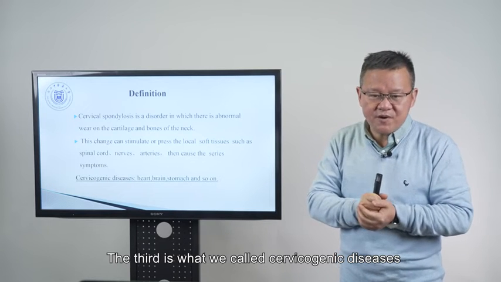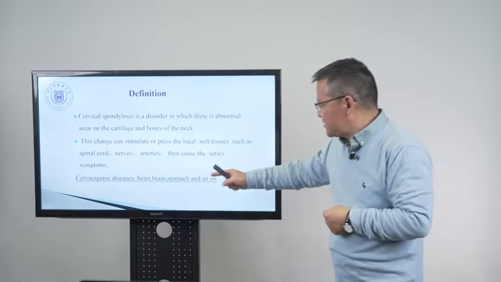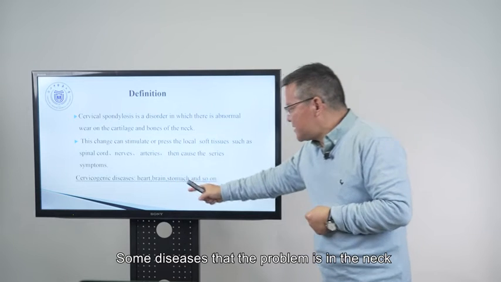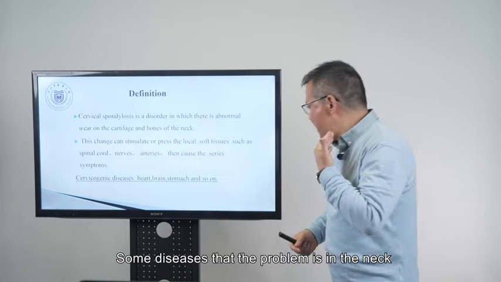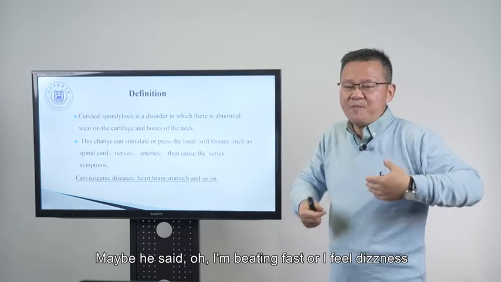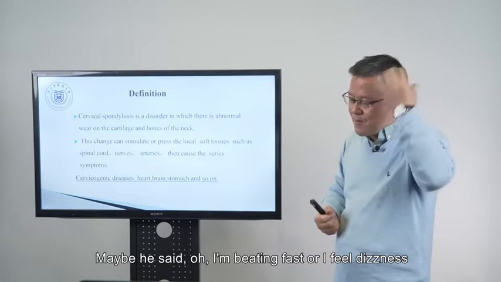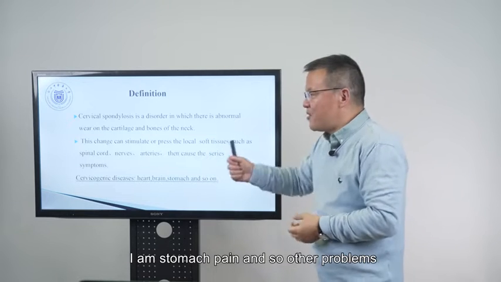The third is what we call cervicogenic diseases. It means some diseases whose problem is in the neck, but the symptoms show up elsewhere, not in the neck. Maybe they say, "Oh, my heart beats a bit fast, I feel dizziness, I have stomach pain," and other problems.